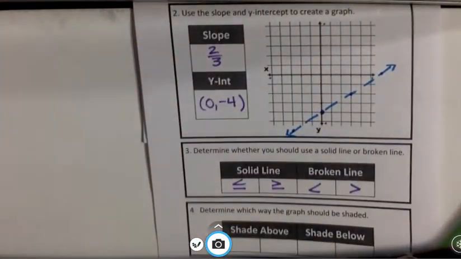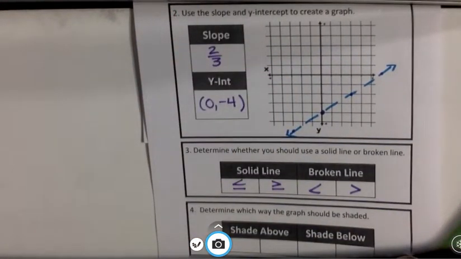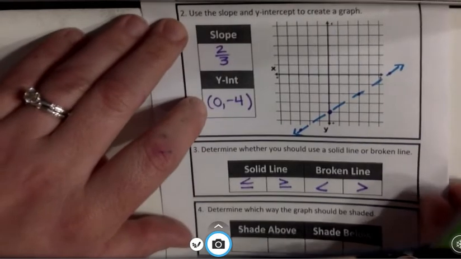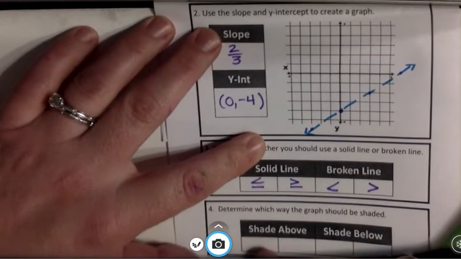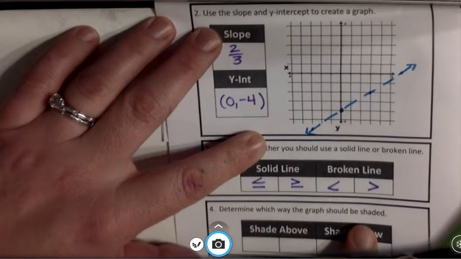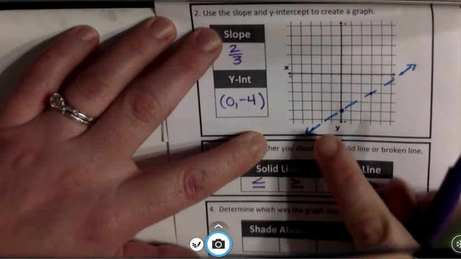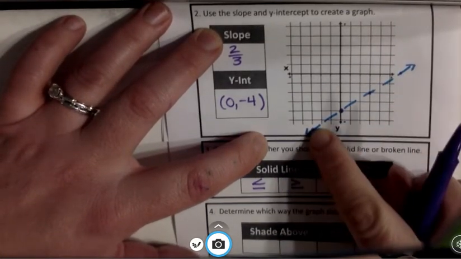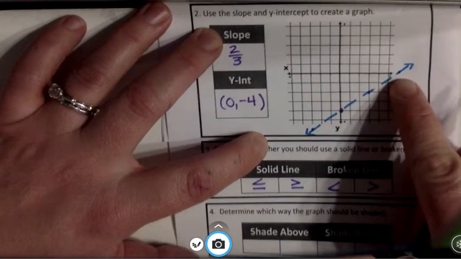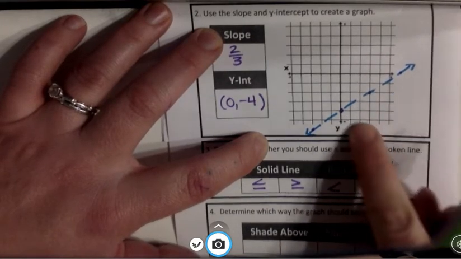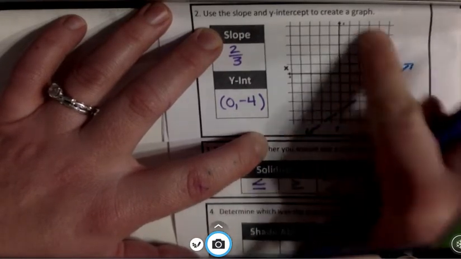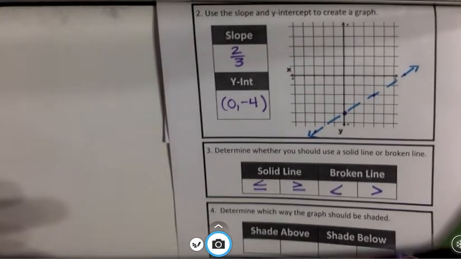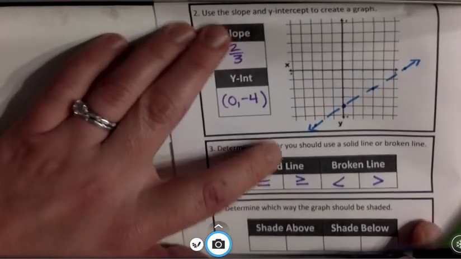I'm going to draw my arrows on either end so I know that it continues on forever. And then the other nuance that we need to pay attention to that also comes from that inequality is whether or not we are going to be shading above or below. If we have a broken line, that means that none of the solutions lie on this line. It's a region below or above that actually shows the real solutions for this situation.